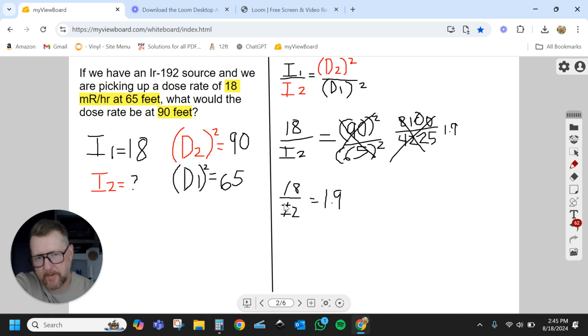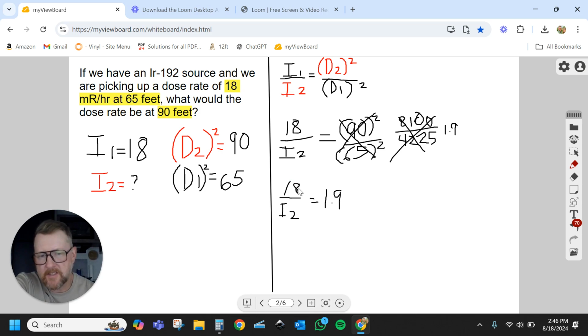Now, again, we got to get this intensity 2 by itself. So this says 18 divided by intensity 2 equals 1.9. We need to get rid of this 18 so we can get the I2 by itself. But whenever you have a fraction set up like this, you can only really do anything with the bottom part.